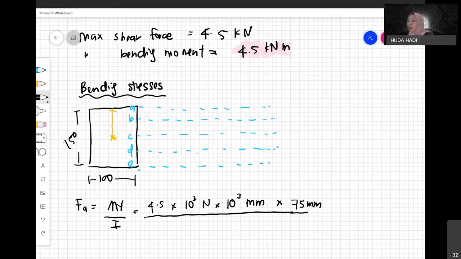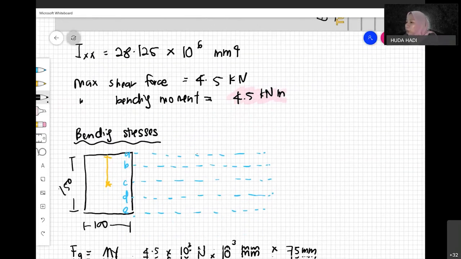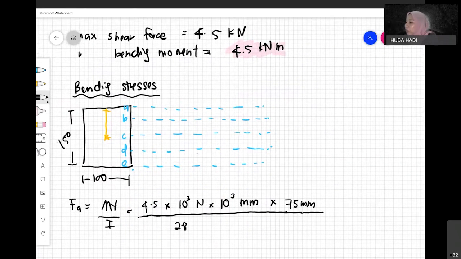150 divided by 2. And then we divide with the IXX that we calculated previously, 28.125 millimeter square, then you going to get the answer. Cancel this thing, boleh cancel dengan bawah ni. So you can simply darab terus.